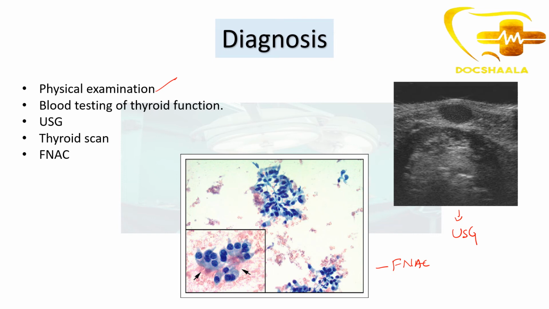We check thyroid function during blood testing, that is T3, T4, TSH levels, and we perform USG, where you can appreciate the lump here. We also take a thyroid scan and perform FNAC. This is the picture of FNAC.